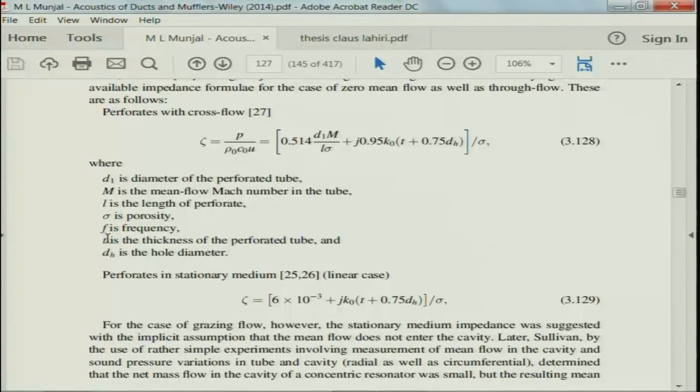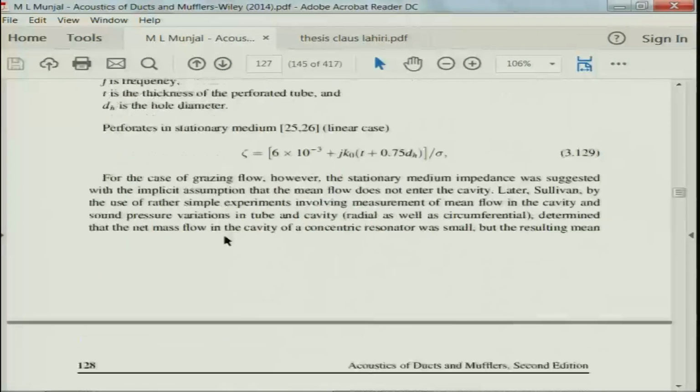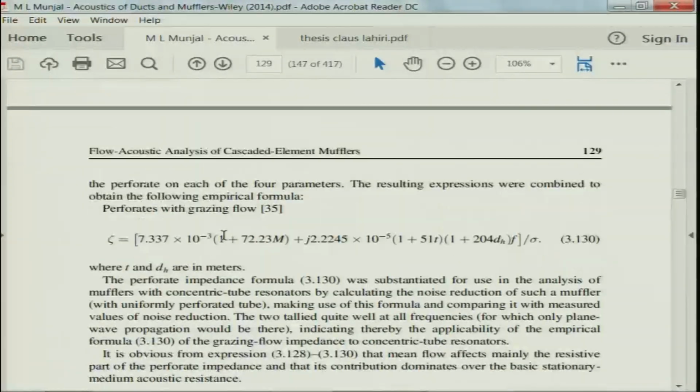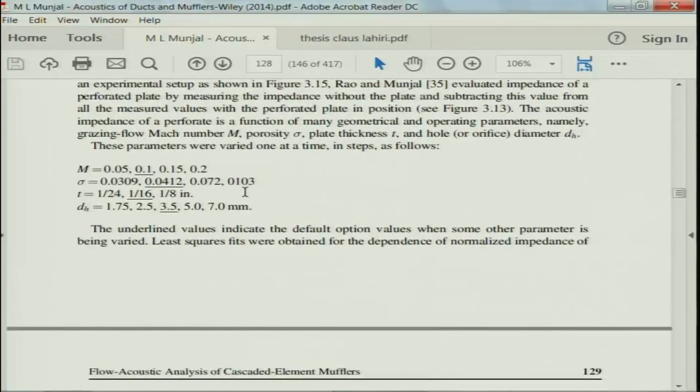So, f is the frequency, like I was saying, t is the thickness of the perforated pipe, and dh is the hole diameter. So, t is the thickness and 2r or dh is the hole diameter. What about this expression? This was the expression given in Munjal, which I just copied down on the presentation. The symbols are the same, and these were obtained through a large number of experiments.